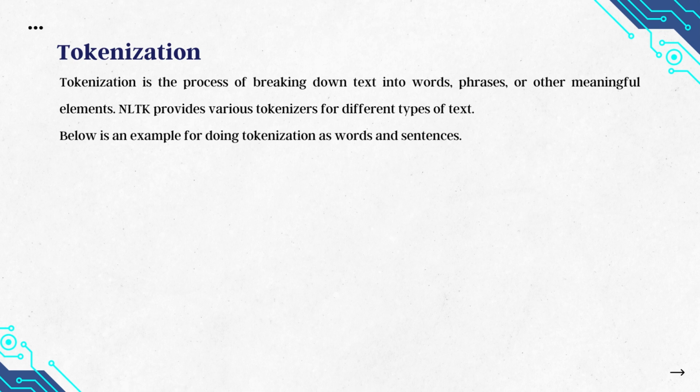It is a process of breaking down text into words, phrases, or other meaningful elements. NLTK provides various tokenizers such as word tokenization or sentence tokenization. The word tokenization is used when we have to cut down the sentence or phrase into its respective words. If we want to cut down its sentences, we can use the sentence tokenization.